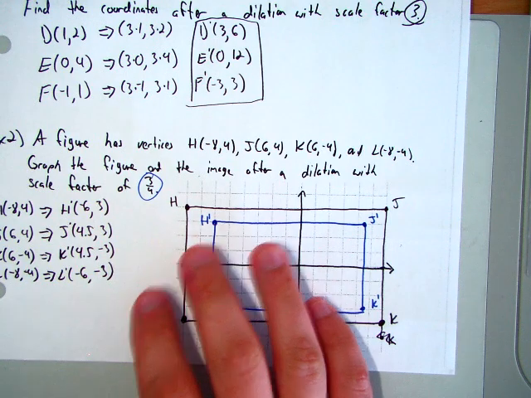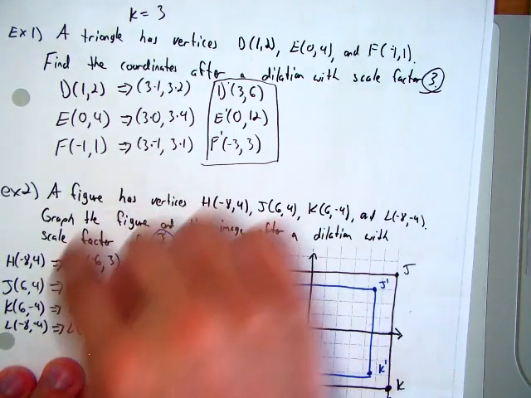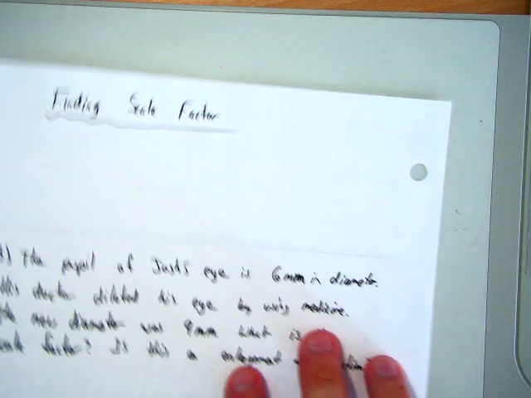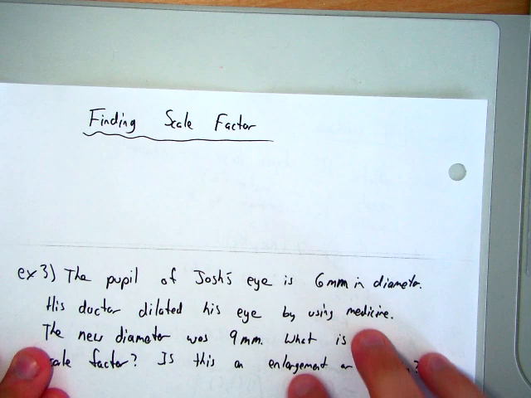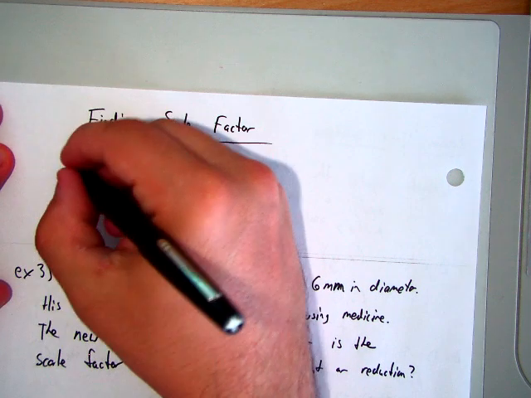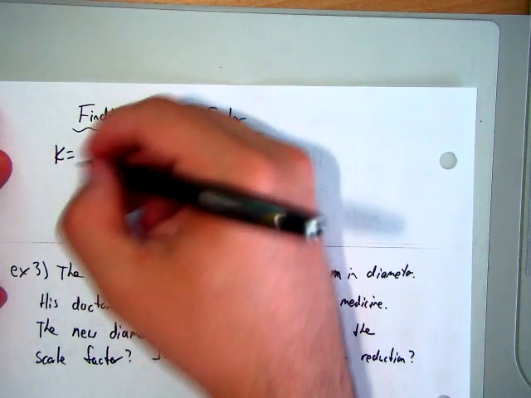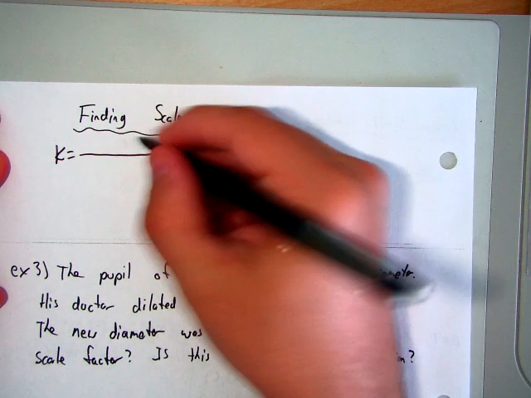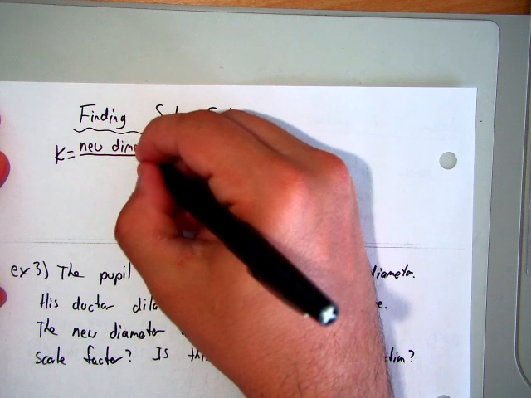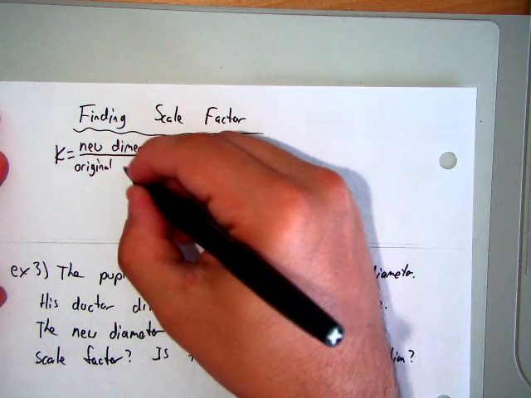All right, so now that we've applied scale factor to find new ordered pairs and be able to graph a new figure, let's utilize the information that we know and help us find scale factor now. So scale factor, that's K. It is the ratio of a new dimension divided by the original dimension.